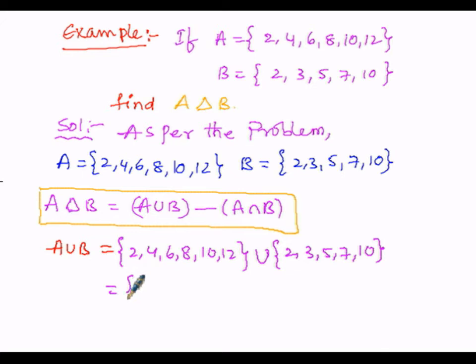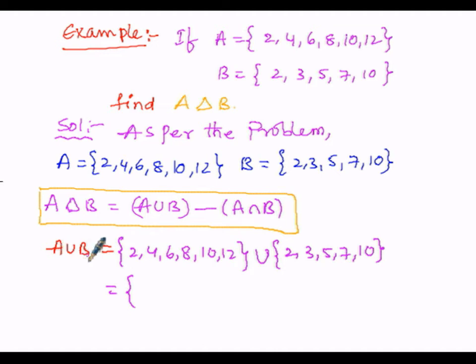The union of the two sets A and B is a new set formed, consisting of the elements either of set A or of set B or of both.